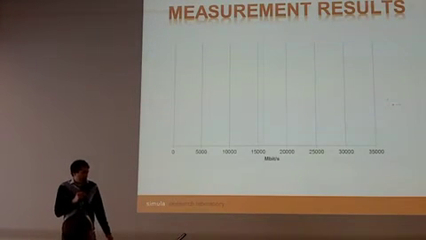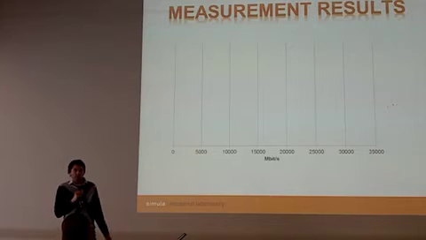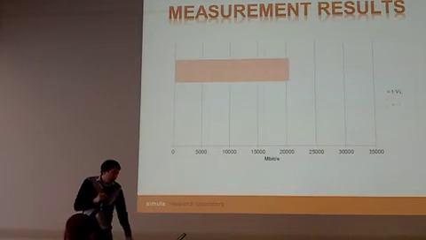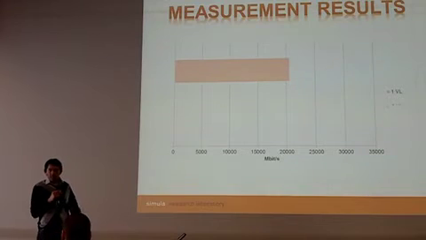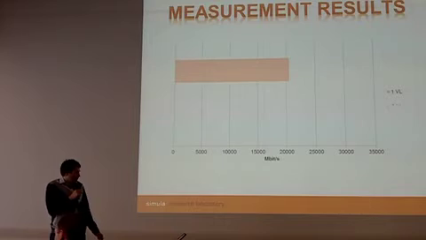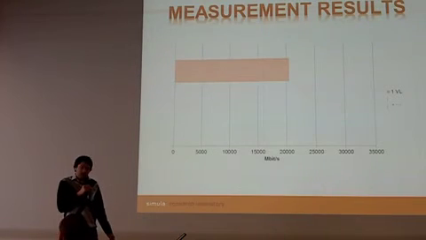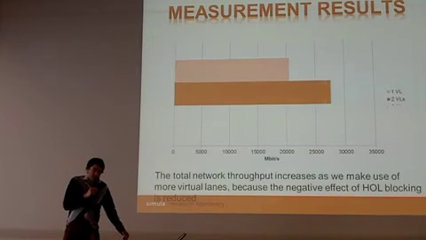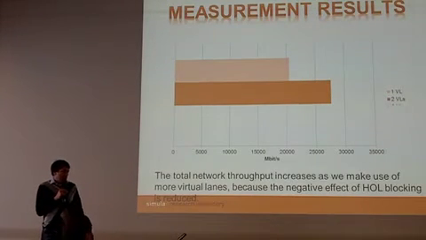So if we look at some results, this time we show the total network throughput for 3 different combinations. If you choose just one virtual lane, which is the default scenario, we would see approximately 20 gigabits of throughput. If we spread traffic across 2 virtual lanes, this increases to about 27 gigabits.